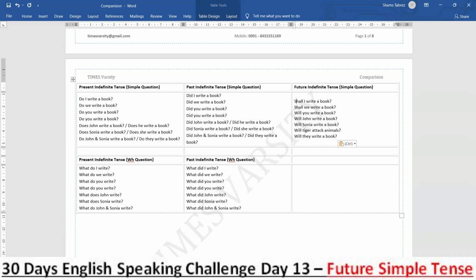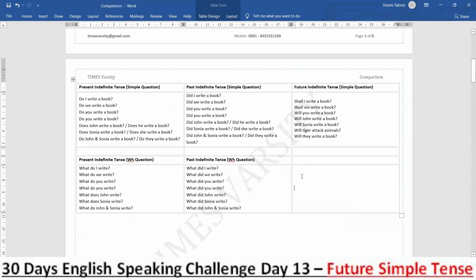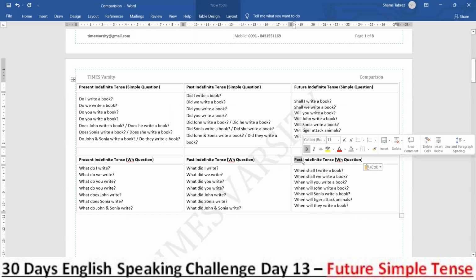Now, look at the WH question. Again, the WH word, whether it is present or past, then it's a future indefinite WH question.